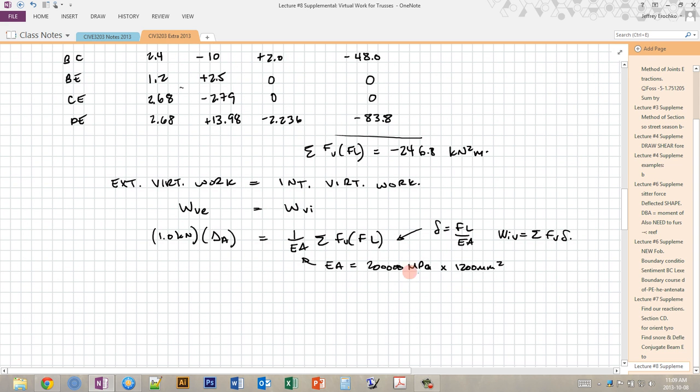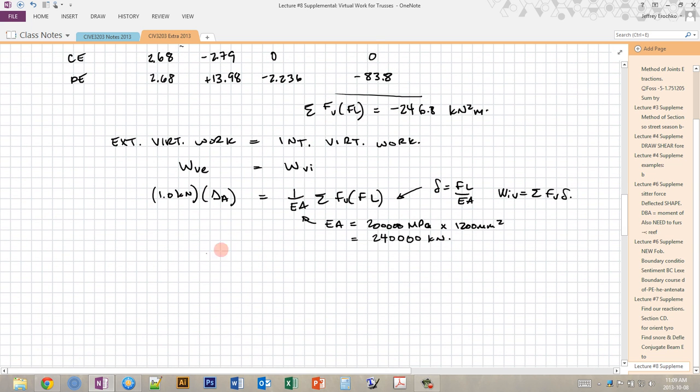And if we work this out, this is newtons per millimeter squared times millimeters squared, so these two together make newtons. It's convenient for us to put this in terms of kilonewtons, so we'll divide the result by 1,000 to get 240,000 kilonewtons.